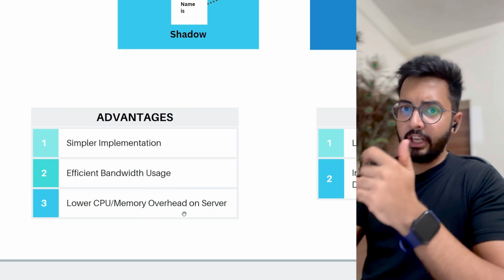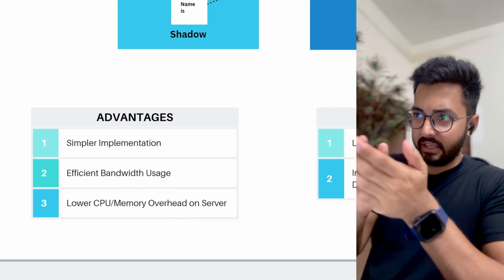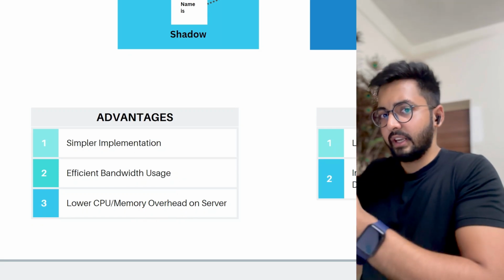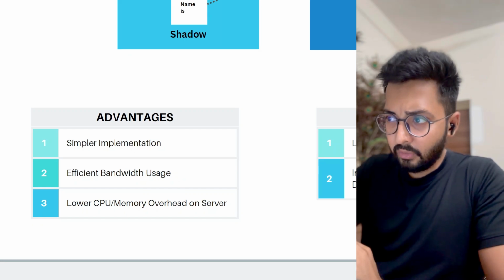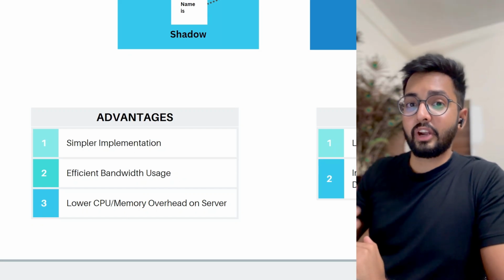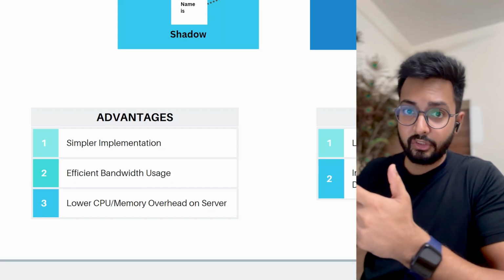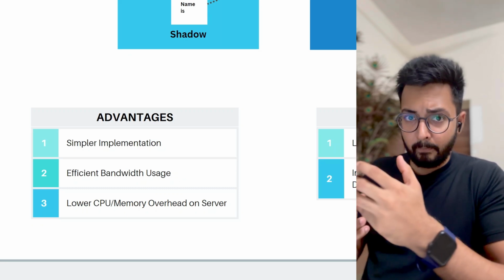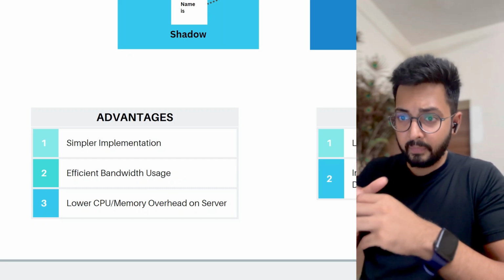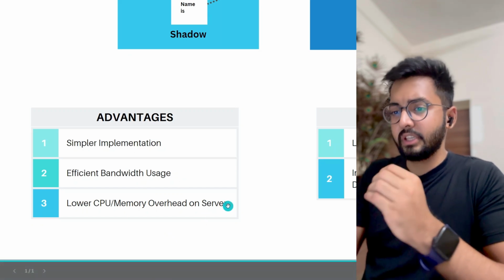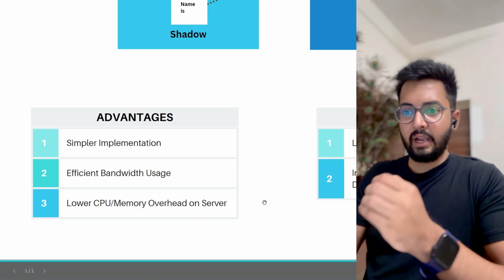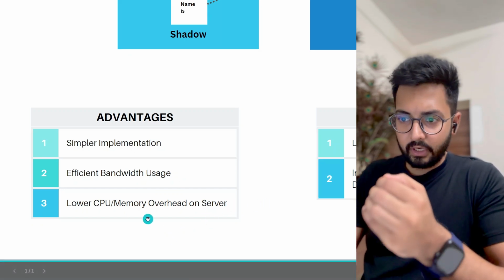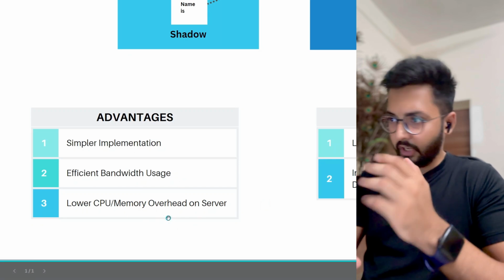So we are already computing the difference from the client side, and that difference we are sending to the server. So the server won't have additional computations or much more complex transformations or operations to perform. So it won't use that much memory and CPU. So there would be lower CPU or memory overhead on server.